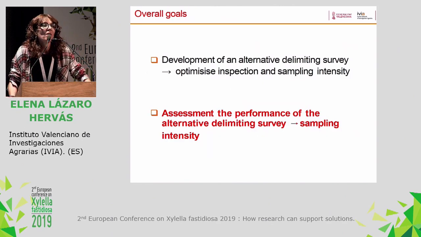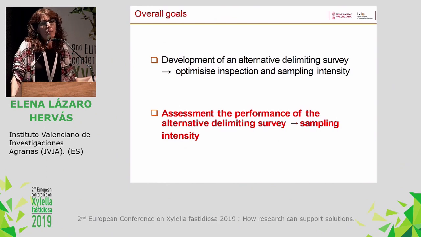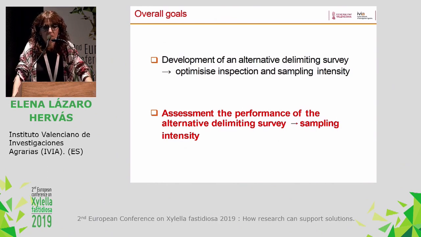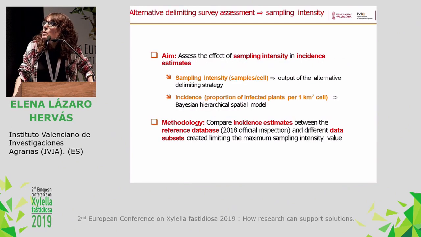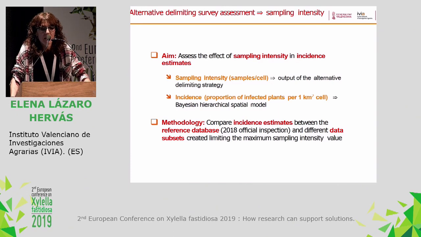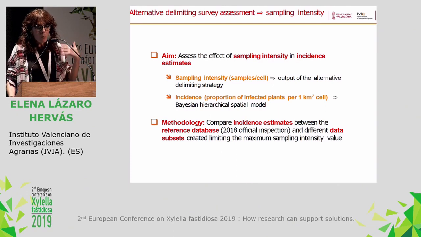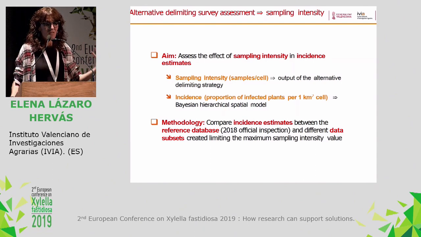We also have another objective in order to validate the assessment: the performance of our alternative delimiting survey in relation to sampling intensity. We want to assess the effect of sampling intensity in incidence estimates. Sampling intensity is an output that we have obtained by the application of our delimiting strategy.